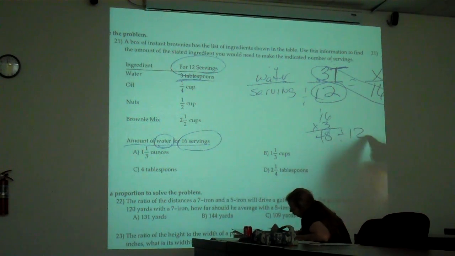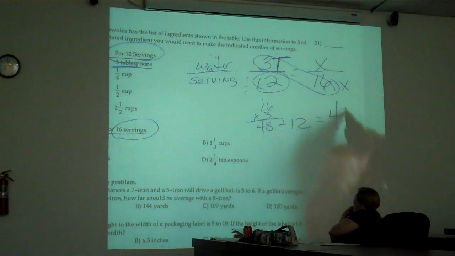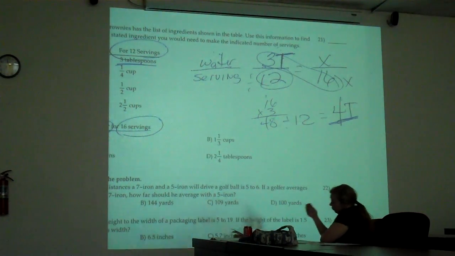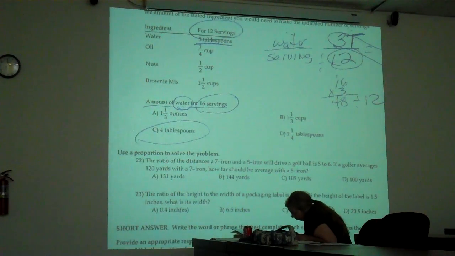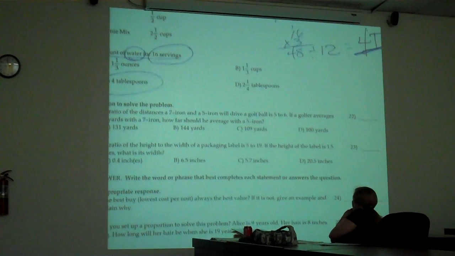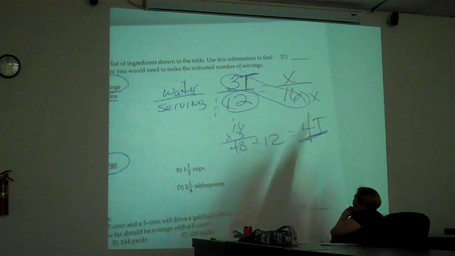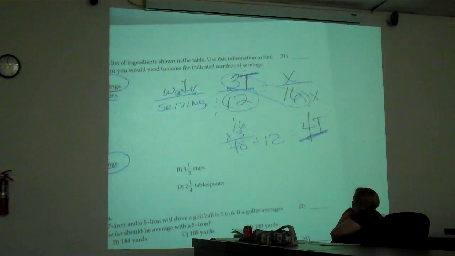Divide that by 12. Comes out to exactly 4 tablespoons of water. So you multiply it first, then you divide it.